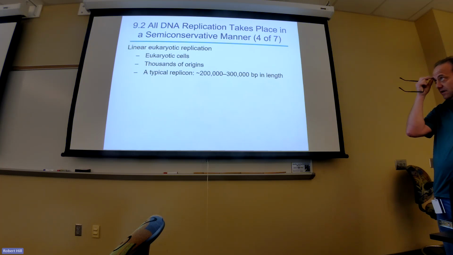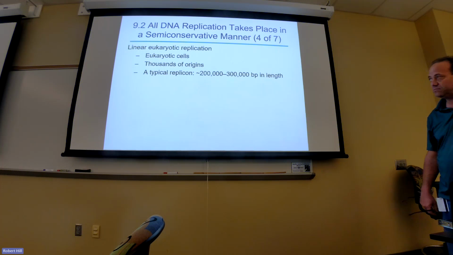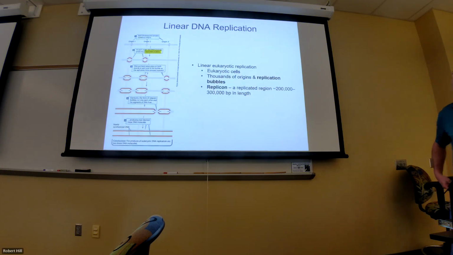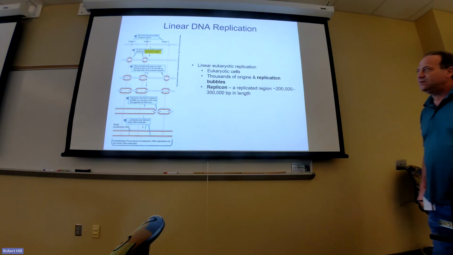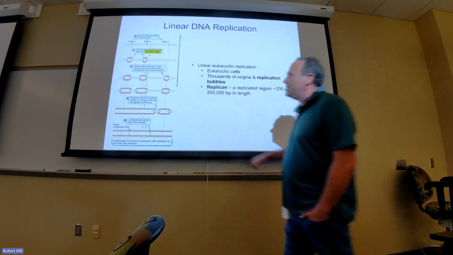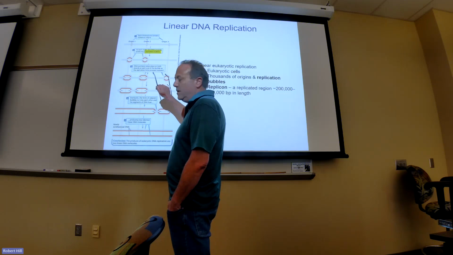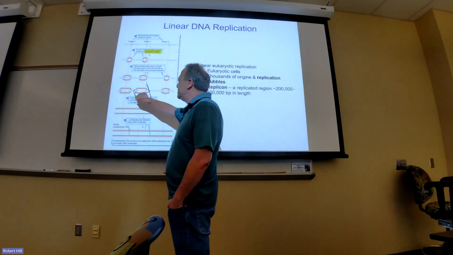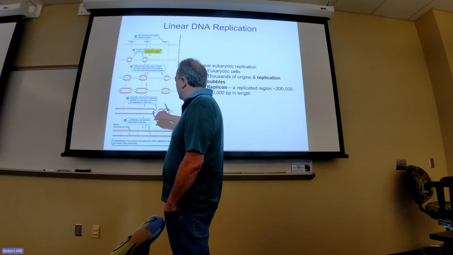And in eukaryotes, the length of that replicon is quite large, around 300,000 base pairs. There are also multiple origins of replication, right? These represent all individual replicons. You can see in linear eukaryotic chromosomes, it's occurring bidirectionally. And when replicons meet, they fuse together.